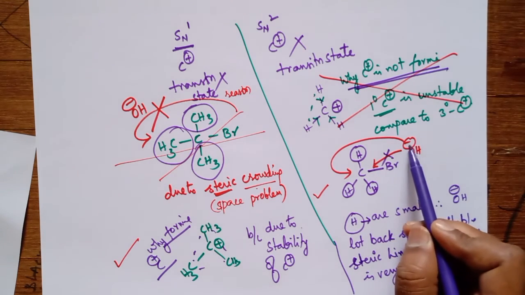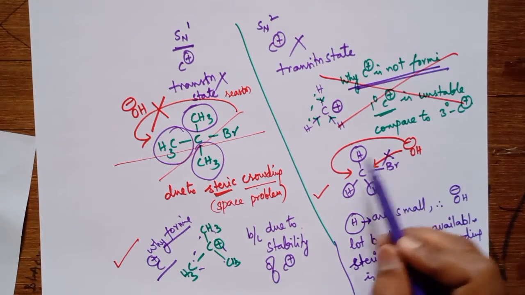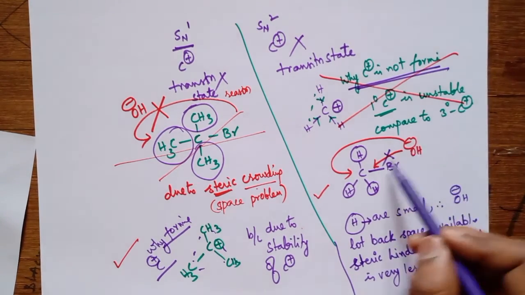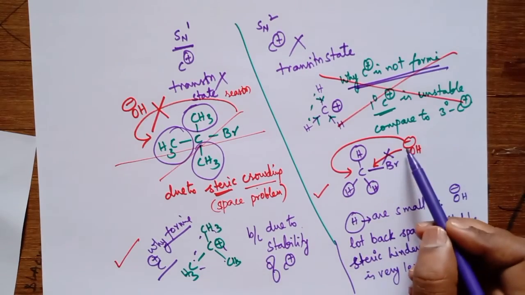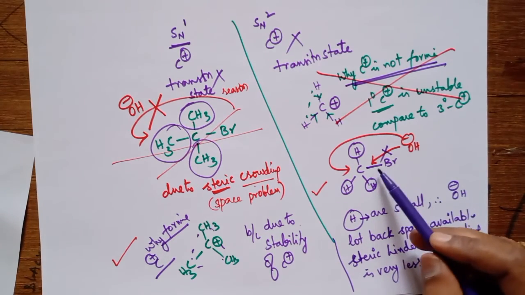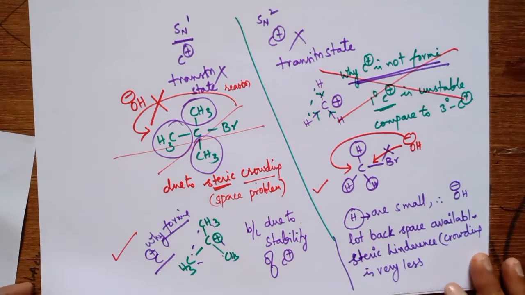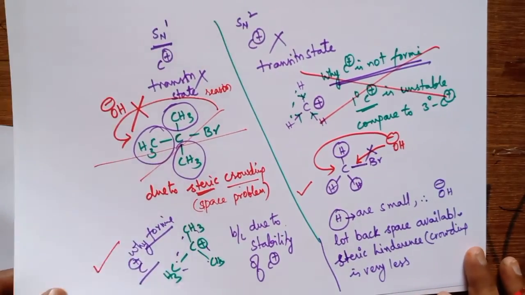The OH minus already has the negative charge, electron excess. So due to electron repulsions, it always comes from the backside. Is it clear why it is taking place?